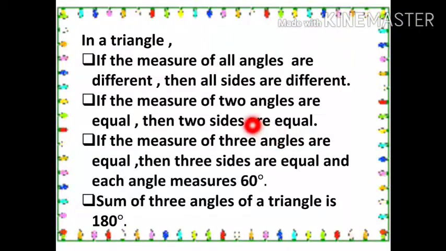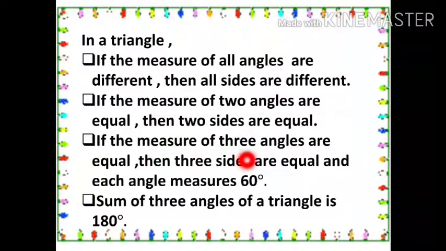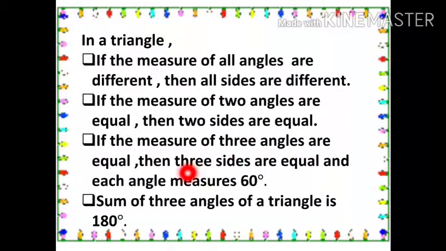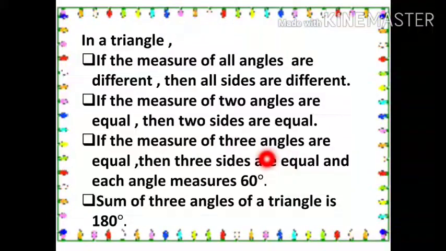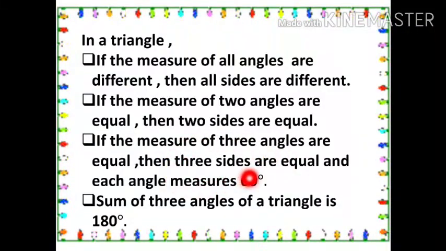If the measure of three angles are equal, then the three sides are equal and each angle measures 60 degree. The sum of the three angles of a triangle is 180 degree.